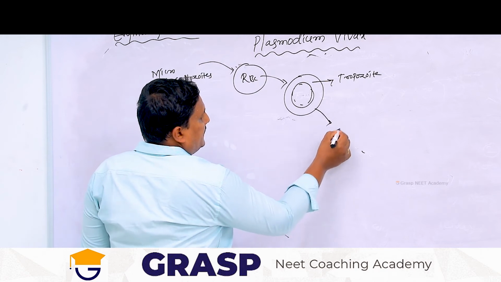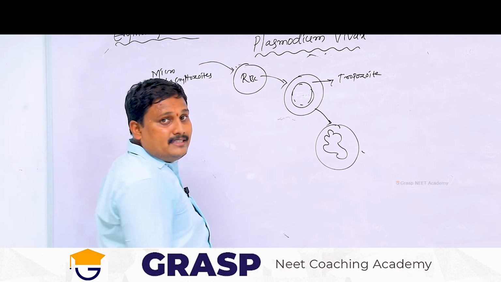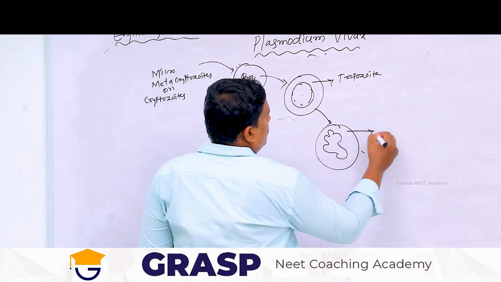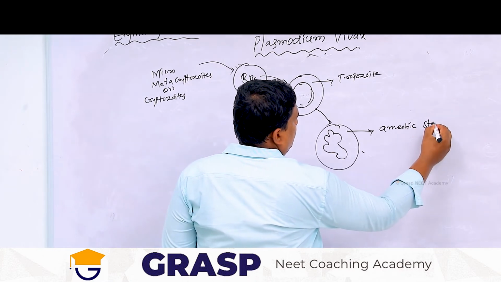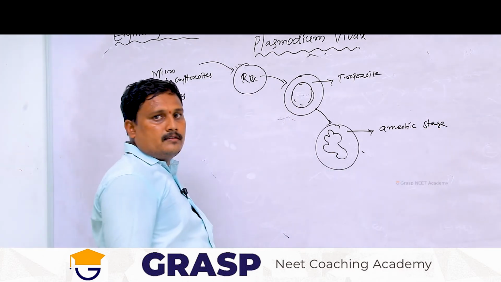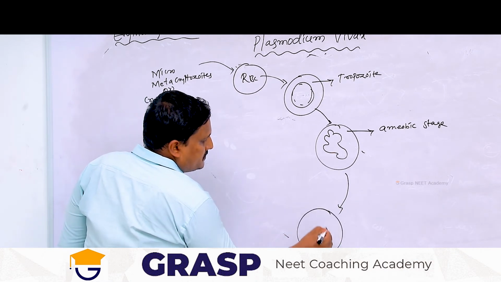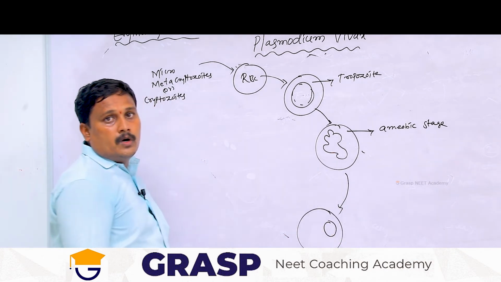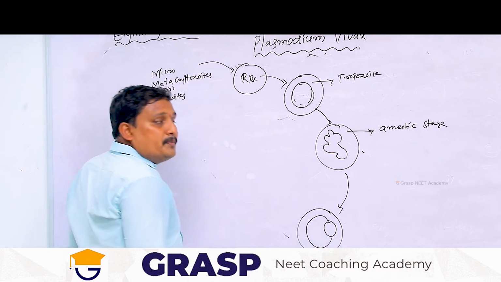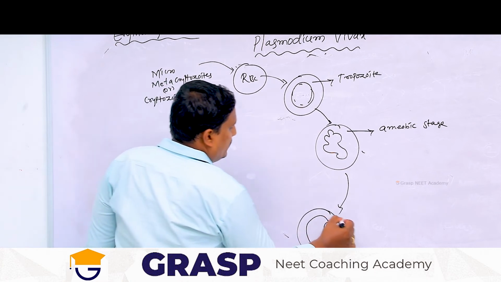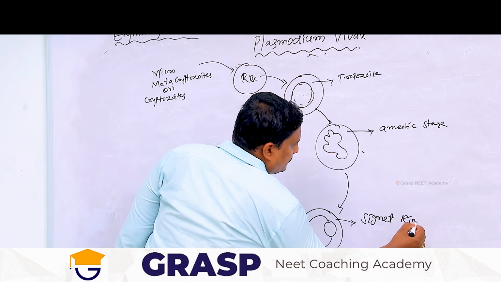Then later they develop pseudopodia around their body. This stage is also known as the amoeboid stage. Then the pseudopodia disappear and they develop a vacuole, pushed peripherally, which forms a ring-shaped structure, hence it is named the signet ring stage.